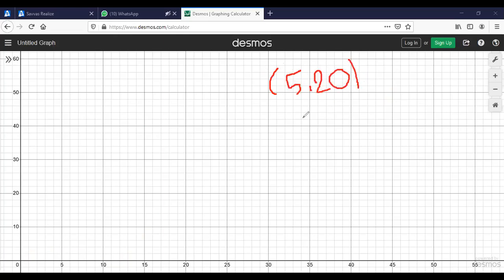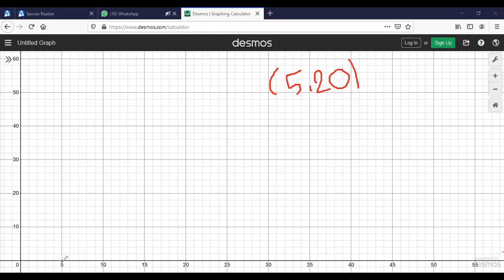I'm having this ordered pair. This gives me an address for a point, okay? Now, where is this point? Let's try to find it. Now, 5 means you walk 5 steps on the X coordinate. So now you are standing here at the 5.